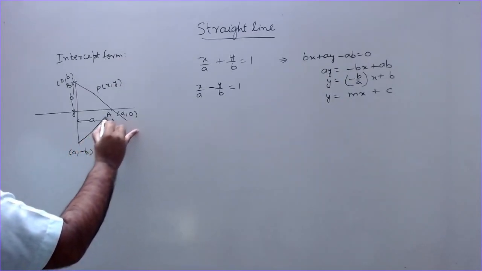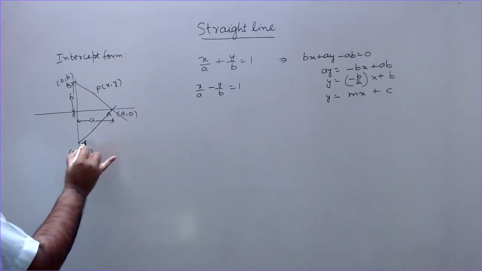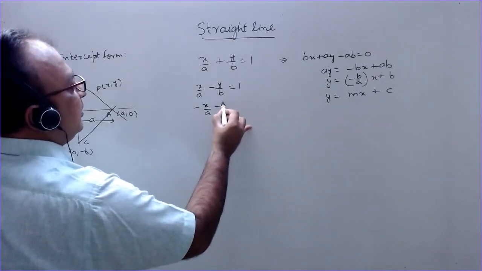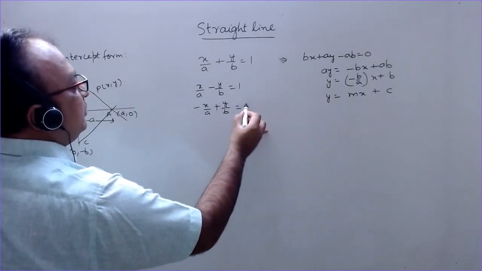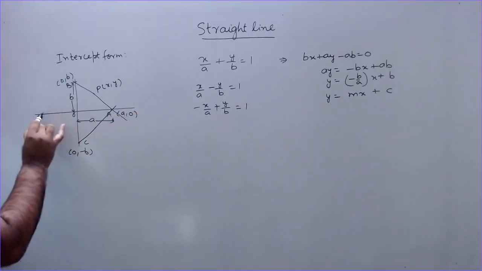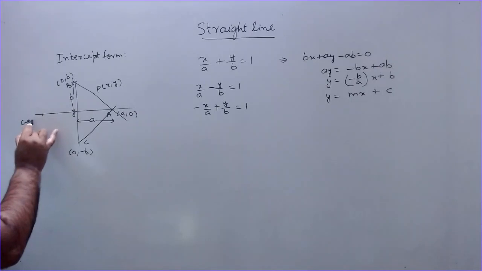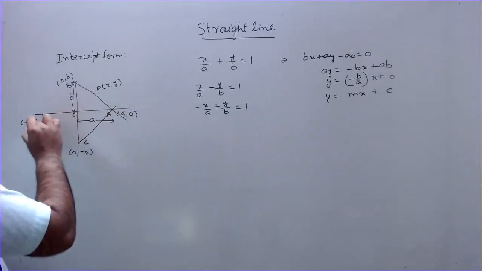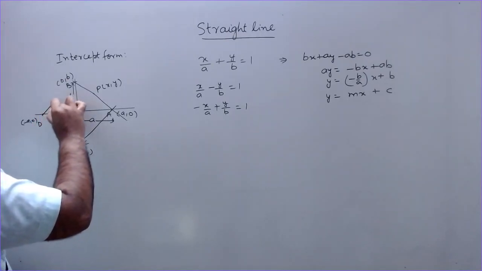So the line will look like this. This point is C. If I write minus x by a plus y by b is equal to 1, the intercept on the x-axis is negative, so I will take this as minus a0, and on the y-axis this will be positive b. So this point is D. The line looks like this.